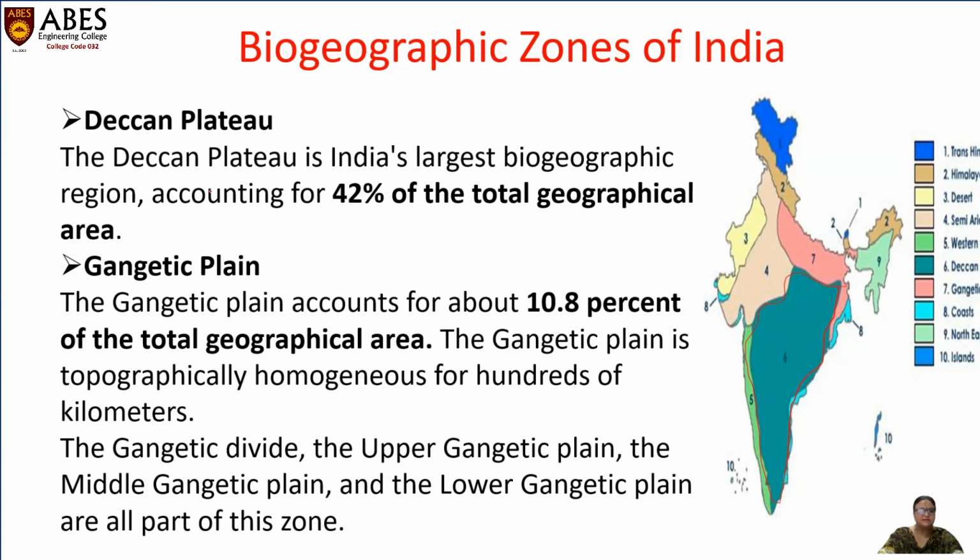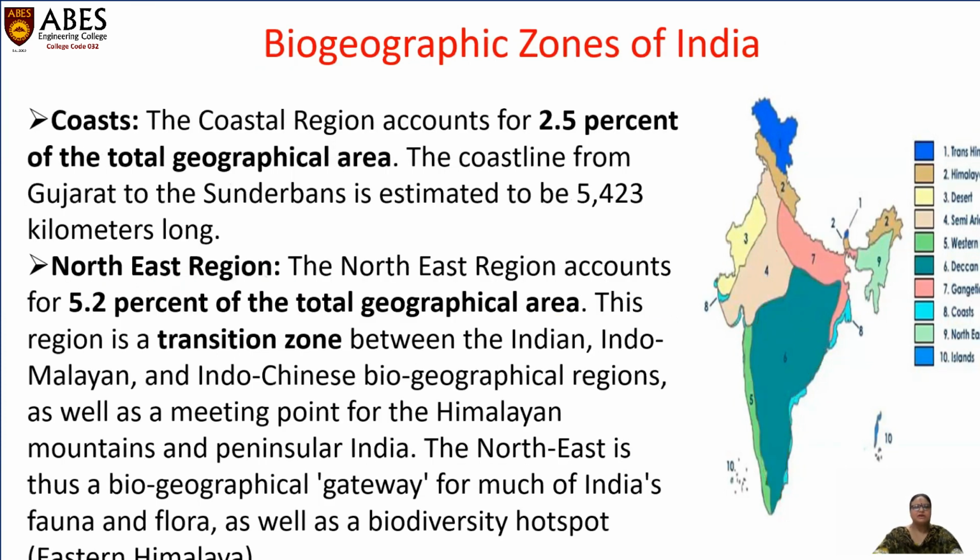Comes the next, that is the Gangetic Plain. You can see it accounts for 10.8%, and here we can see the Gangetic Plain marked at this place. It is divided into the upper Gangetic Plain, middle Gangetic Plain, and the lower Gangetic Plain. Coming to the next one, that is the coast or coastal area.